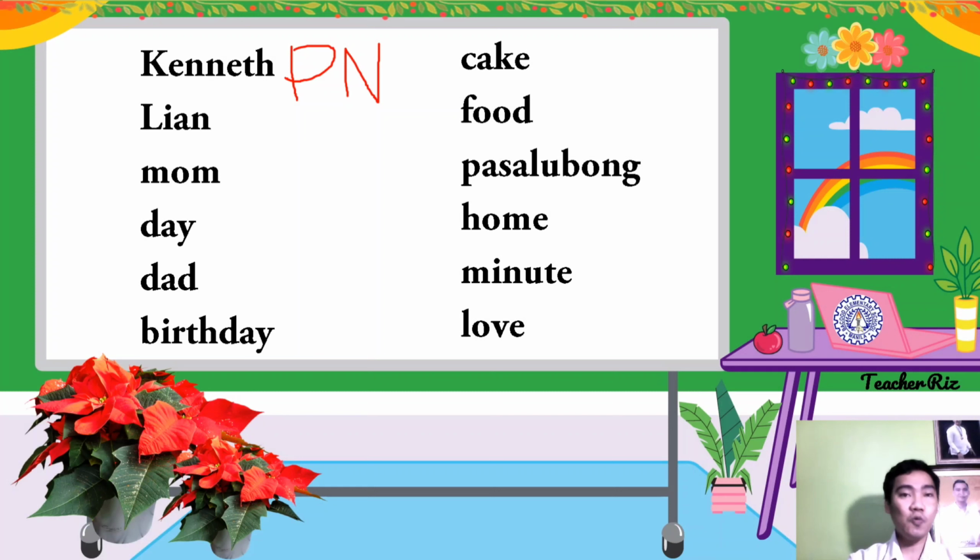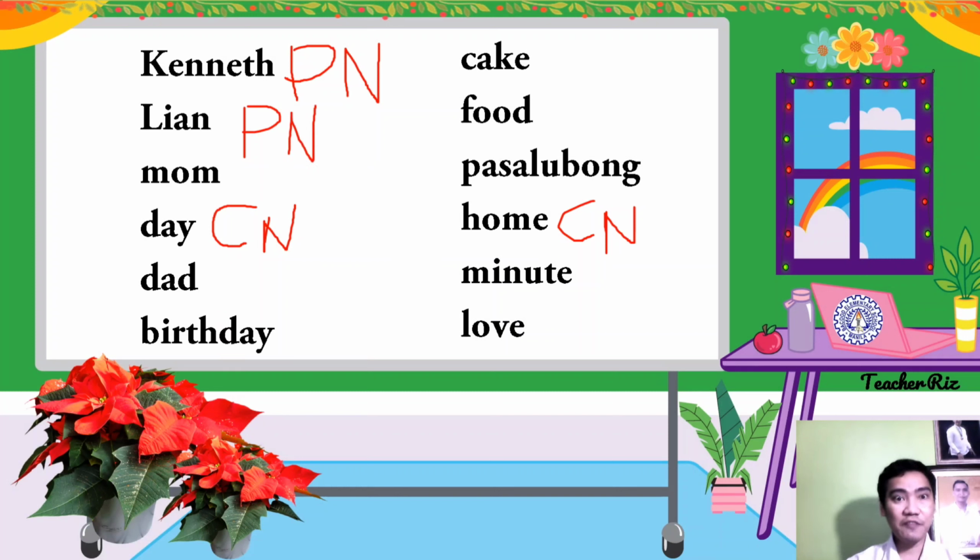What about home? Alright, so this is a common noun. What about day? Very good. So this is also a common noun. Okay. What about Lian? Very good. So we have PN or proper noun.